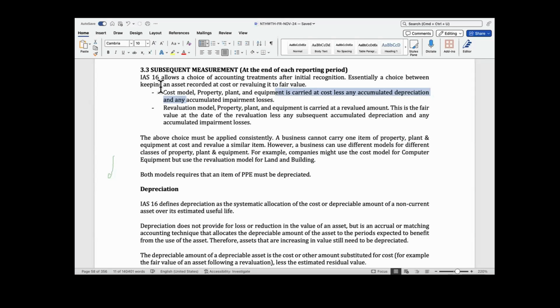So this cost model is not like a singular figure that we have in an account, but rather is something you do in what we call a fixed asset schedule, where you would determine the carrying amount of that asset using a cost model. And I told you that when you do your cost less accumulated depreciation and any accumulated impairment losses, it gives you carrying amount.